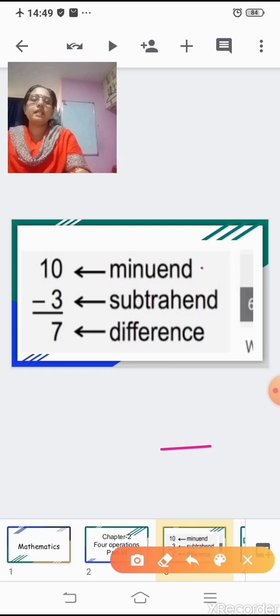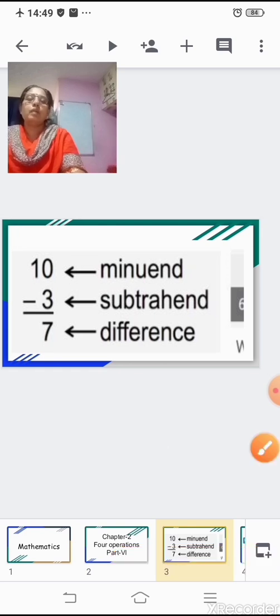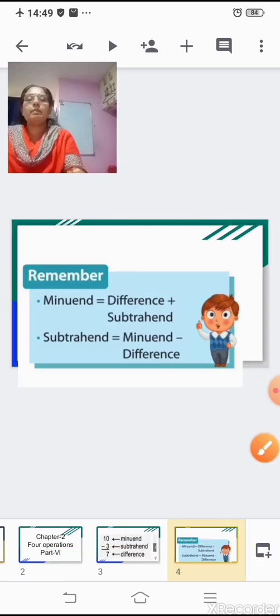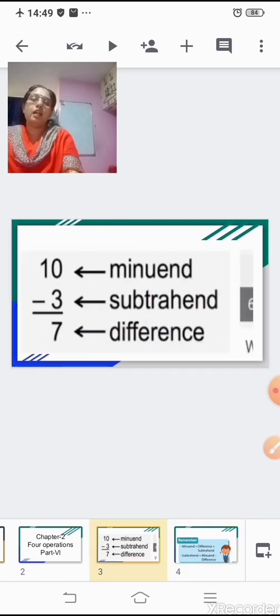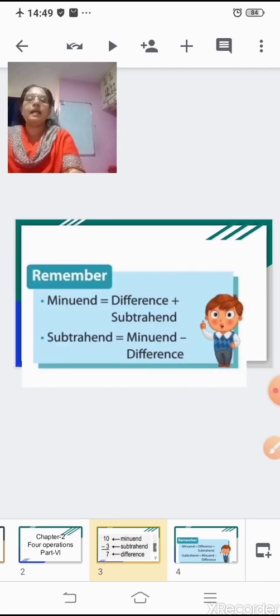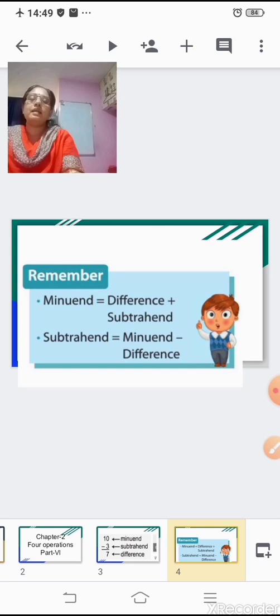Let us start with an example. Before this, always remember that minuend is always difference plus subtrahend. Here we have to find the minuend. If you add the difference and the subtrahend, that is 7 plus 3, you will get 10. And if you want to find the subtrahend, you will always subtract, that is minuend minus difference.